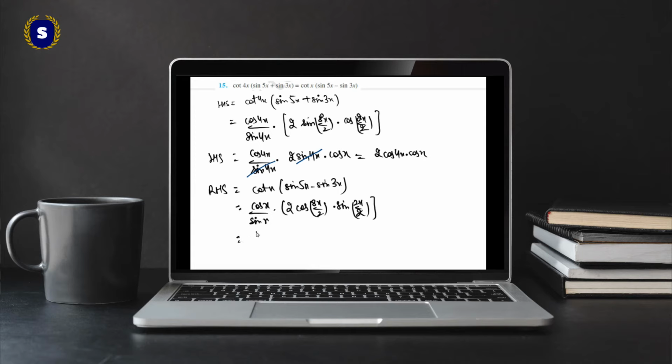So this is cos x upon sin x into 2 cos 4x into sin x. So here also we can see that sin x and sin x are cancelling out each other. So ultimately we are getting 2 cos 4x into cos x, which is equal to LHS. Okay. So both LHS and RHS are equal, hence LHS is equal to RHS.